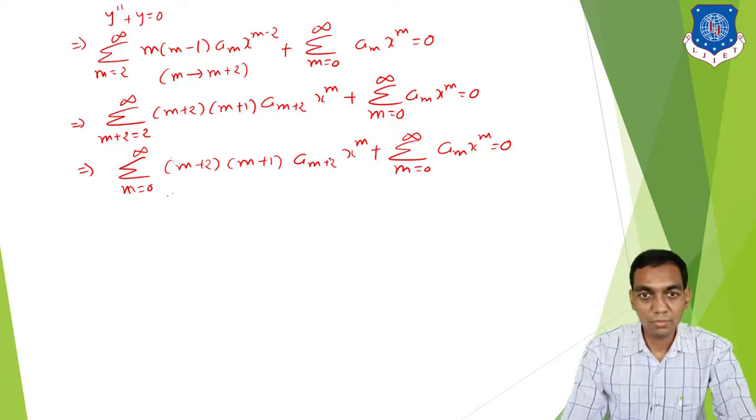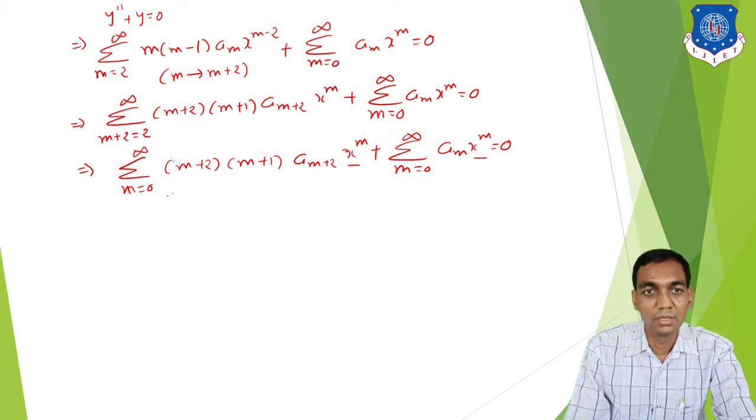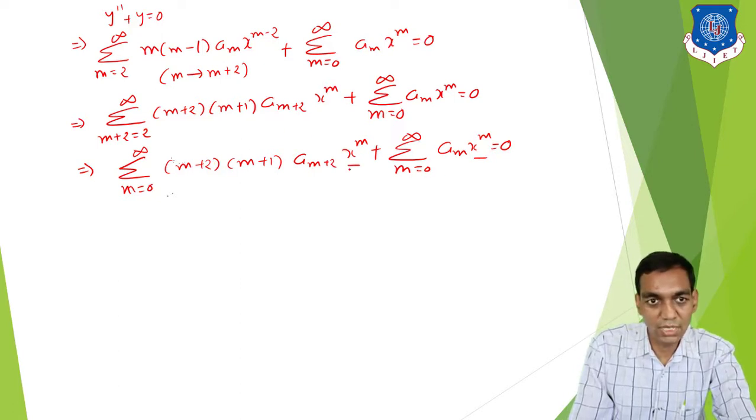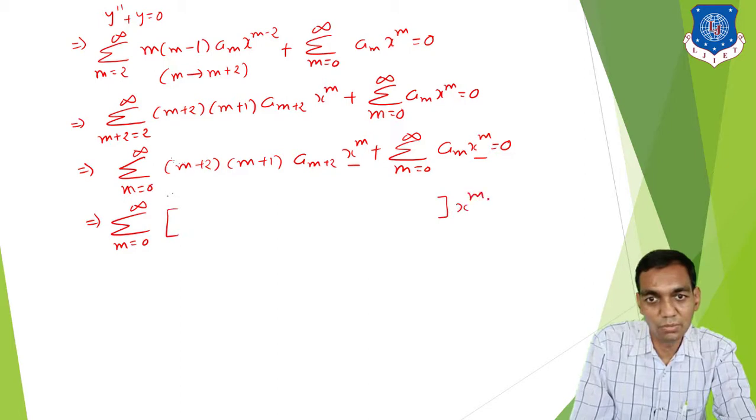Now, both indices are the same. Here, the first thing you have to do is reduce each power in the form of x raised to m, that we have done. Then you have to check the index. Now both sigmas are running from 0 to infinity. So sigma can be taken common. And x raised to m is also going to be taken common.